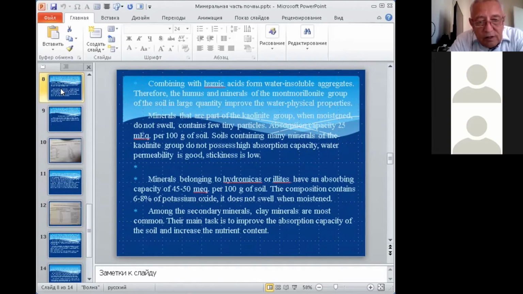Among the secondary minerals, clay minerals are most common. Their main task is to improve the absorption capacity of the soil and increase the nutrient content.